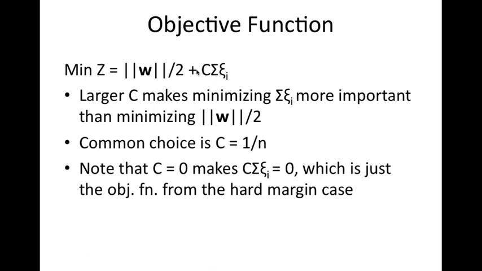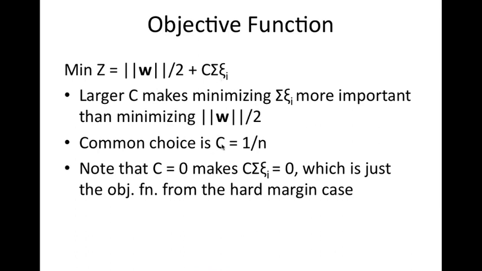So increasing the tuning parameter C, like we briefly touched on earlier, makes minimizing the sum of the errors more important than minimizing this. So it's really maximizing the margin versus minimizing errors that these two things are doing. And C sort of determines how important one is relative to the other.